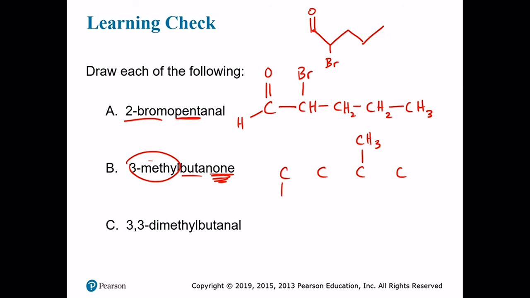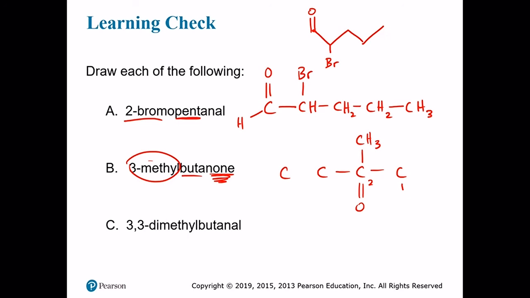Well, I can't put it on the end because then it wouldn't be a ketone, it would be an aldehyde. And I can't put it on the third carbon because then once I connect these all, I would have too many bonds on that carbon. And also, if I did that, then the carbonyl carbon would really be number 2 because I would start counting from this end. So that would make this 2-methylbutanone.